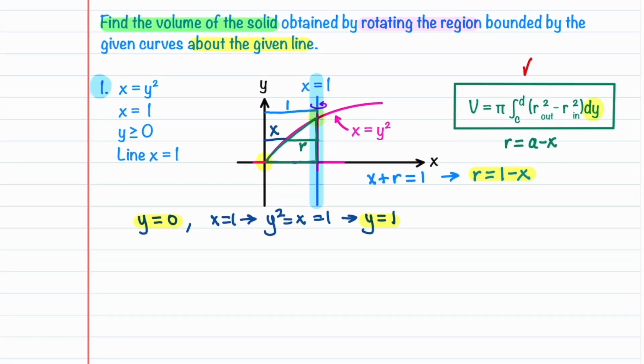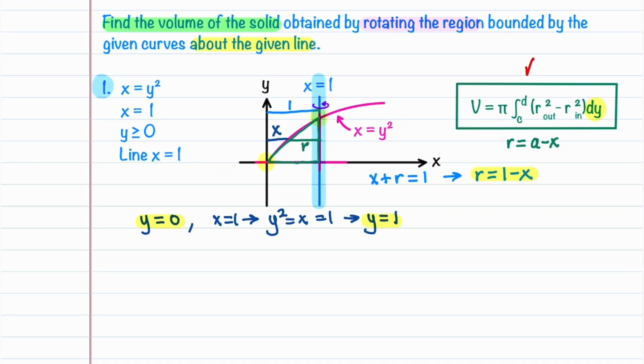Now we're ready to go ahead and write down our formula. Our volume is pi times the integral from c to d. We don't have an inner radius, so we just have an r out squared times dy. We could have also written that as just r squared dy. This is pi times the integral from 0 to 1.